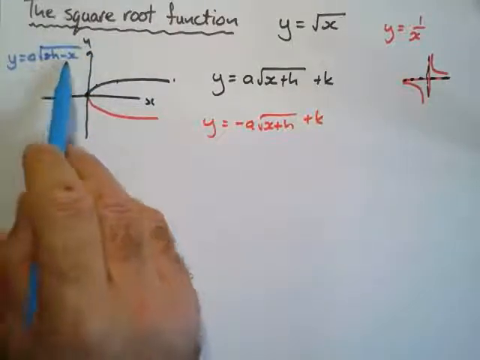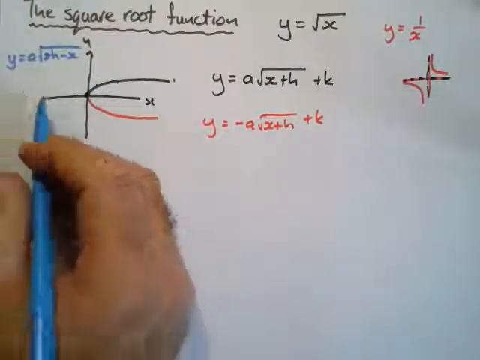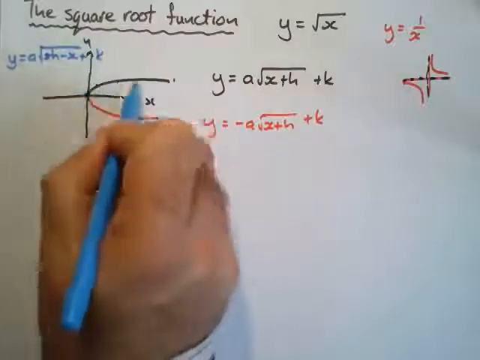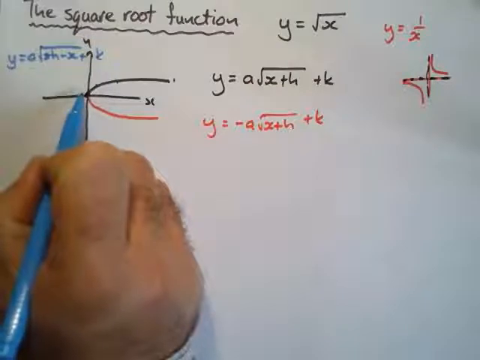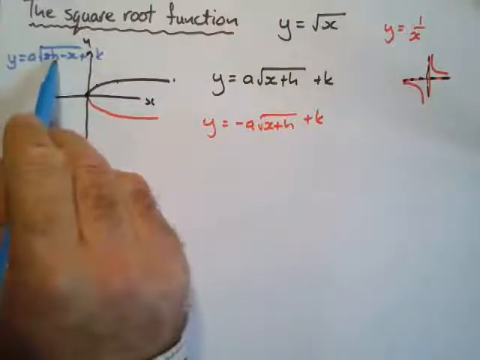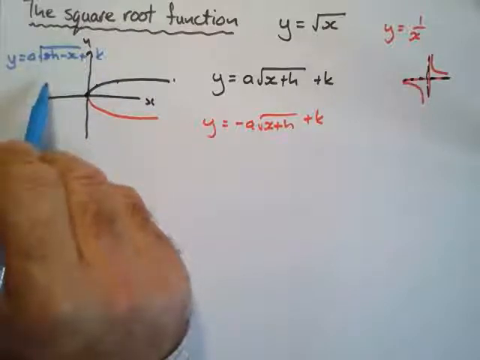When I have h minus x, it's reflected in the y-axis, plus k, which means that this thing is reflected in the y-axis. The reason for that is when I have negative x, my h value must be negative.